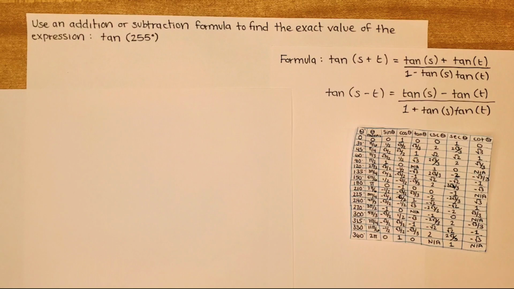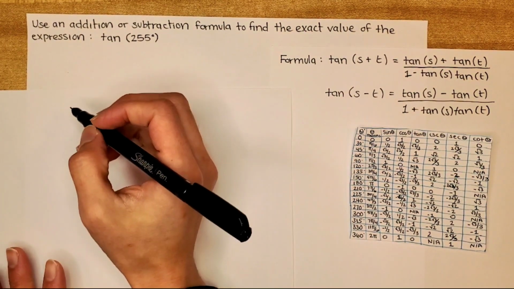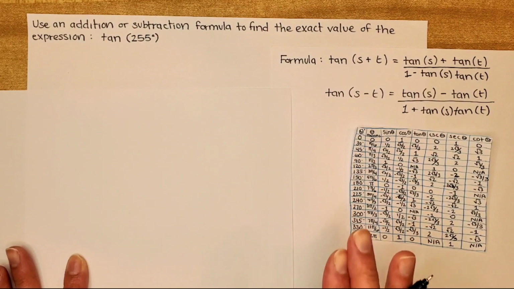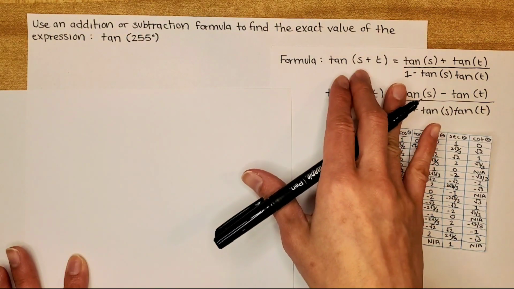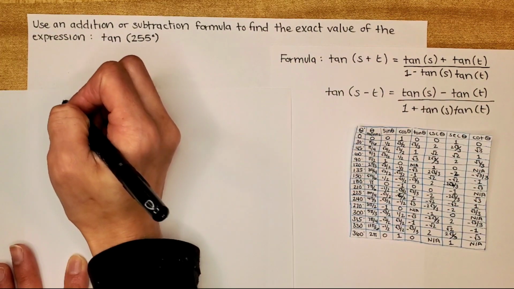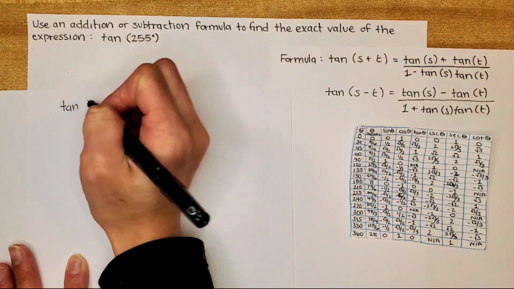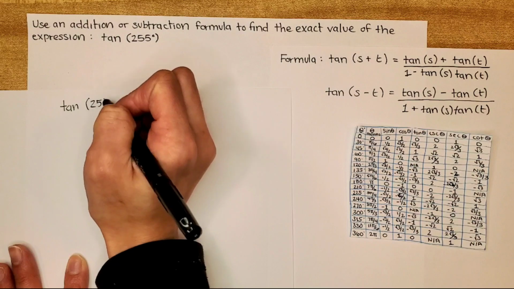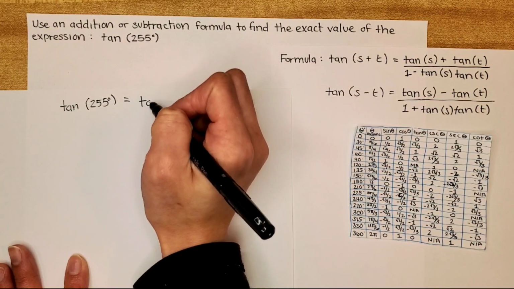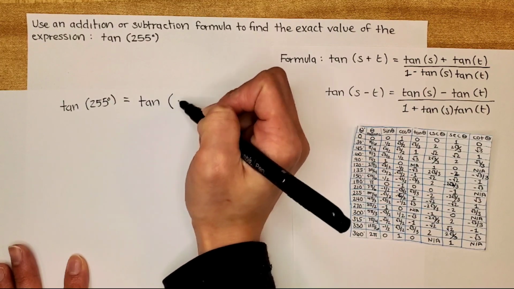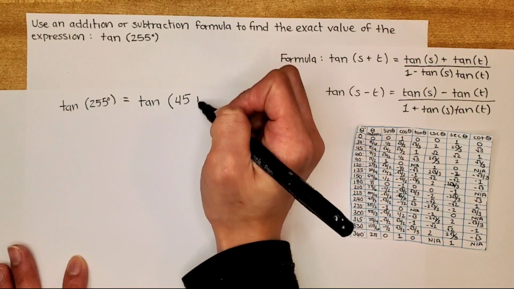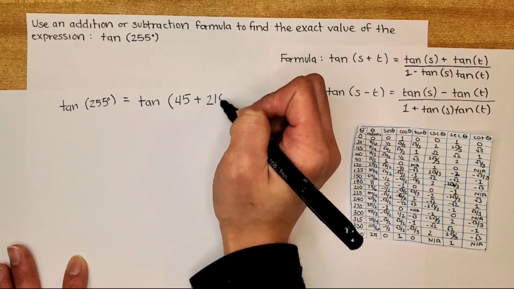And so I'm going to use for this example the addition formula for tangent. So we're going to do tangent of s plus t. We're going to take tangent of 255 and find two angles, one of 45, and I'm going to use a special angle of 210.